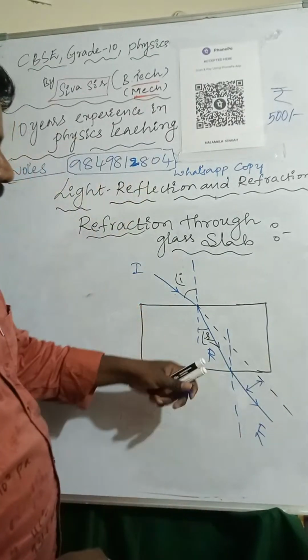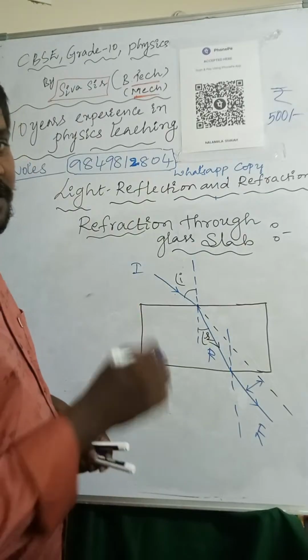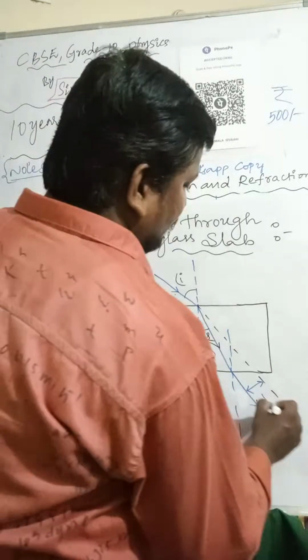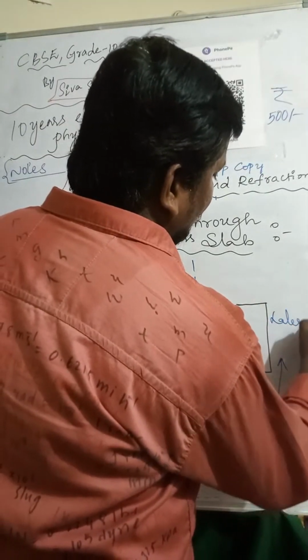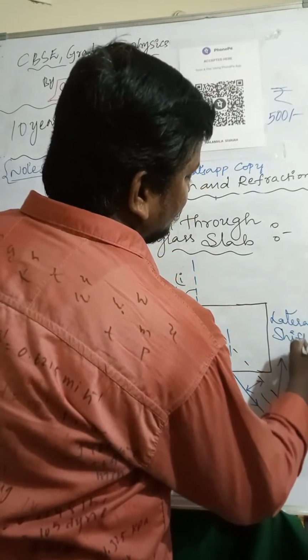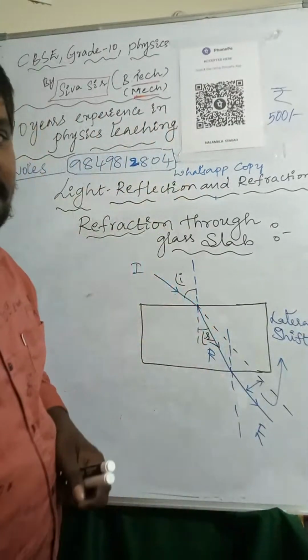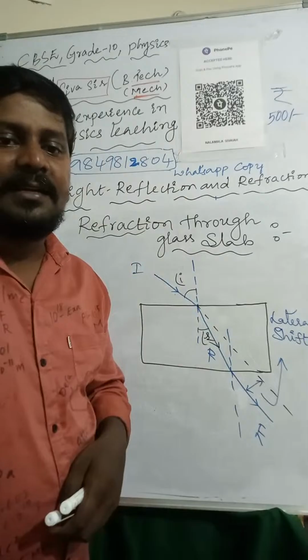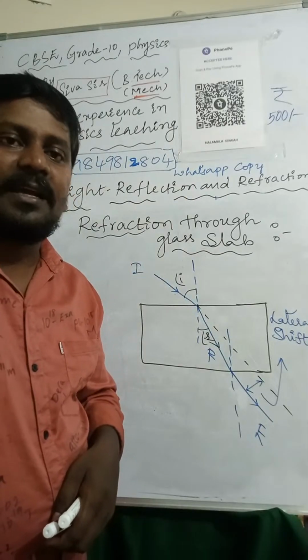The distance between the emergent ray and the extended incident ray is called lateral displacement, or simply we can say lateral shift. Is it clear?